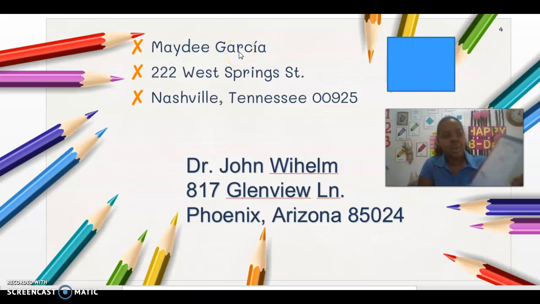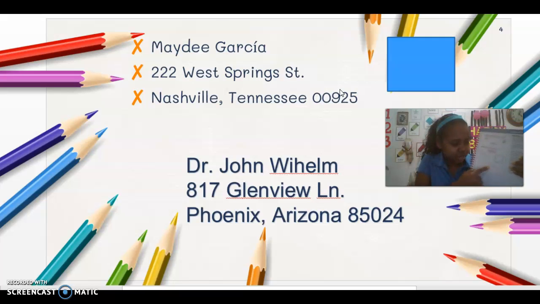Then you're going to write your address. You're going to copy this address that I have here. Vamos a copiar esta dirección que yo tengo aquí. West Spring ST., Nashville, Tennessee. And this number is a code. Put it here, in those lines.